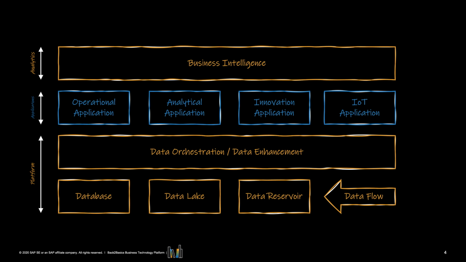The Business Technology Platform, as explained earlier, is here depicted in yellow. It comprises everything from the database, from the data lake to the data reservoir, data flows, orchestrations, which I depict as being the platform, together with the analytics, with the business intelligence on top. That makes the Business Technology Platform.